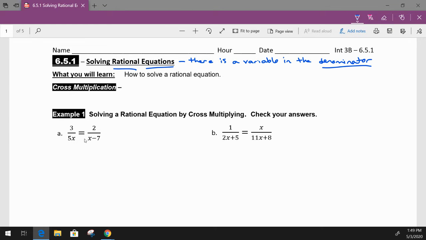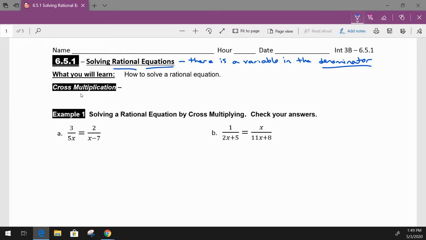So far, we have dealt with just rational expressions and simplifying and multiplying and dividing and adding and subtracting. So one method of solving rational equations is one that you should be familiar with, and that's basically cross multiplication.